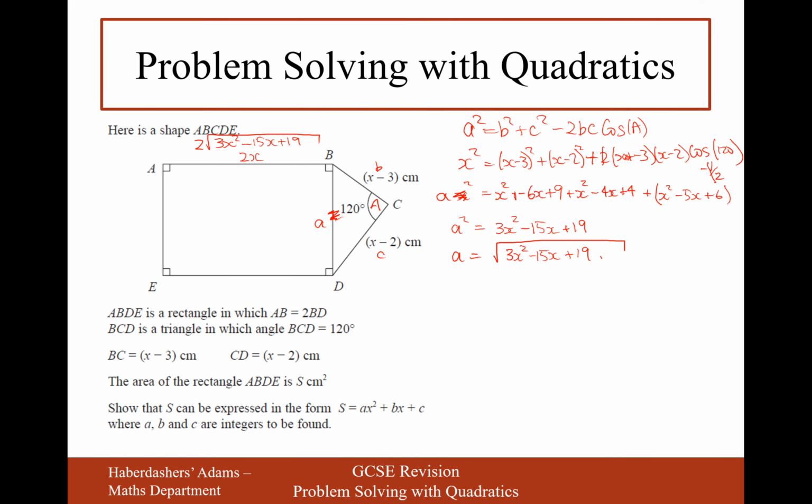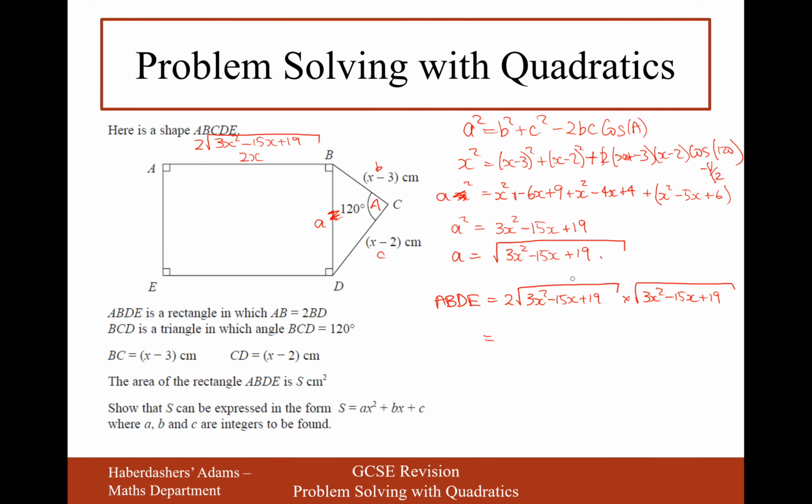And now what we can do is work out the area of the rectangle ABDE, which is going to be base times height. So the base here is going to be 2 root 3x squared minus 15x plus 19, multiplied by the height, which is root 3x squared minus 15x plus 19.